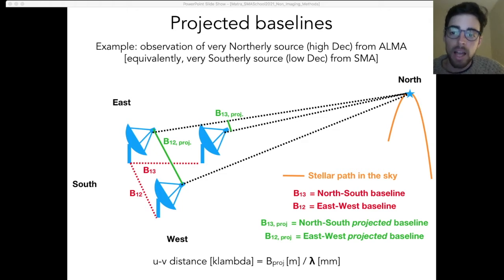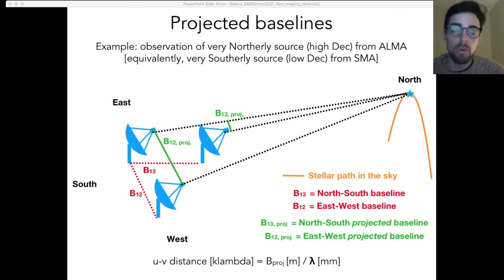And remember, when we go from baselines to UV distance, what really matters is not the baseline itself, but rather the projected baseline, so basically the baseline projected as will be seen from the star. So if you were sitting at the star looking at the antennas, for the north-south baseline you would see a very short projected baseline because the star is very low in the northern sky. Whereas for east-west baselines, you would see a projected baseline that is basically the same as the actual distance between the two antennas.